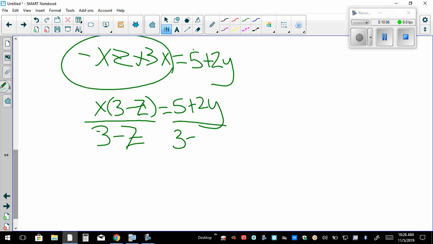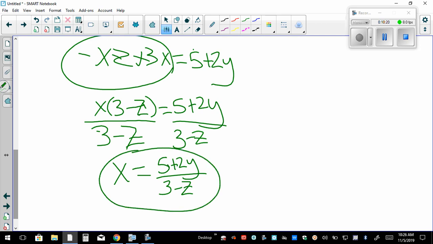And then you're left, yeah, right, Maggie, with 5 plus 2y divided by 3 minus z. And that's your answer. So this eliminates a lot more steps than if you were over here and you had to divide by 3 and divide by z and all that. Does that make a little more sense?